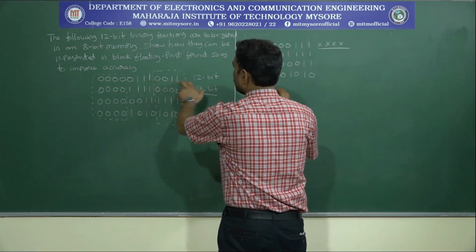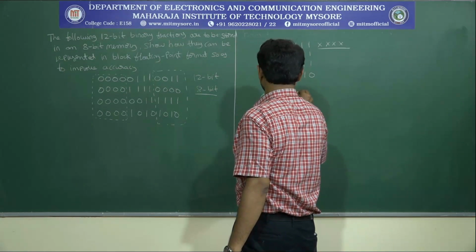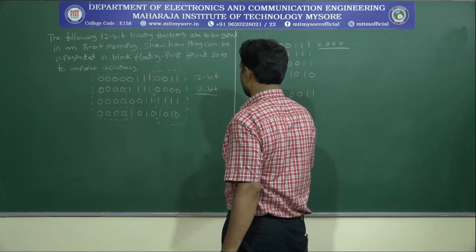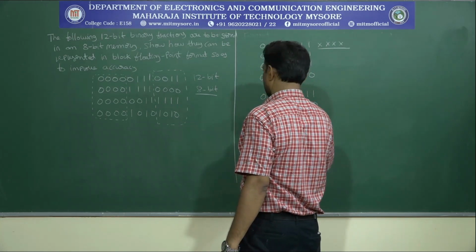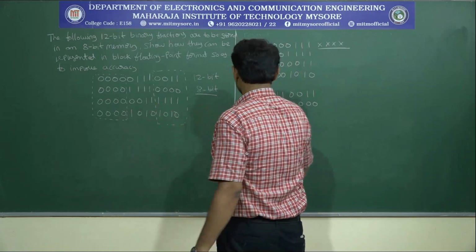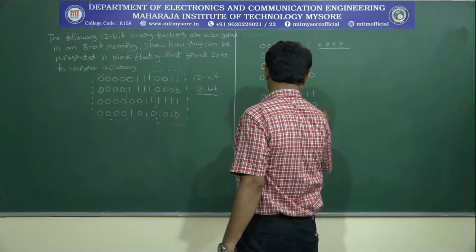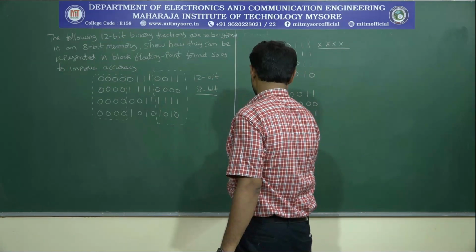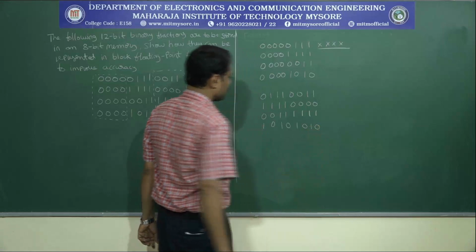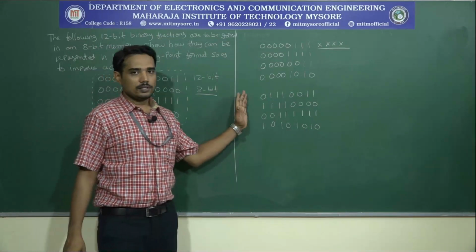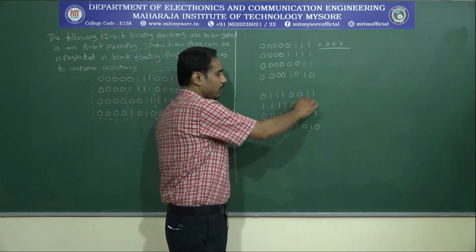For the first value, I can write 0, 1, 1, 0, 0, 1, 1. For the second case, I can write 1, 1, 1, 1, followed by 4 zeros. For the third case, I can write 0, 0, 1, 1. And in the next case, I can write 1, 0, 1, 0, 1, 0, 1, 0. What I have done here is discarded the 4 leading zeros.